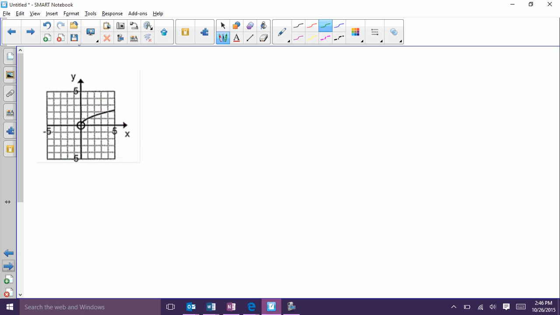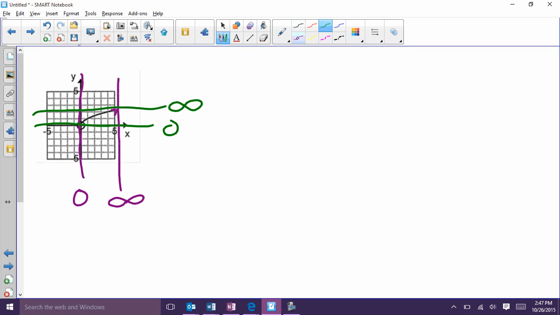One more example from your worksheet. Domain, range. Lowest number is 0. Highest number is infinity. Lowest number is 0 again. Highest number is infinity.